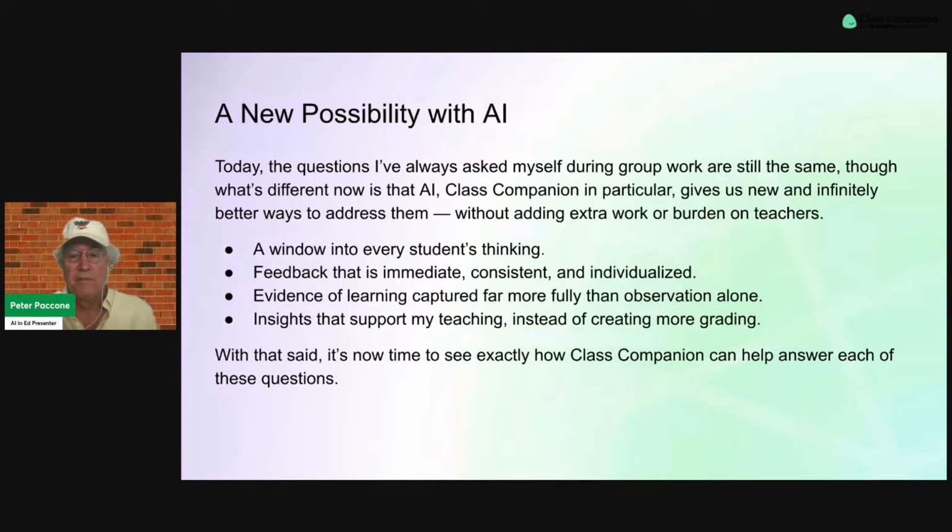We can provide feedback that is instant, and we all know how important instant feedback is. We all know that, and though we may not have the science for it, in our guts, we certainly are convinced that when the students get instant feedback, it's more likely to lead to learning than when they get it several days later down the road. We'll have evidence of learning captured far more fully than observation alone. And we have insights that are going to support my teaching instead of creating way more grading for me.